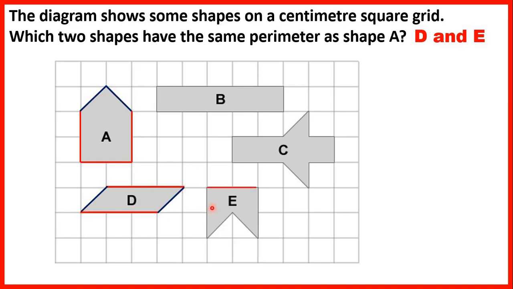Or with shape E, again we have 2, 4, 6 squares that it goes across either horizontally or vertically, and then 2 squares which it goes across diagonally. So because the distance around the outside of the shape is the same, we know that shapes D and E have the same perimeter as shape A.